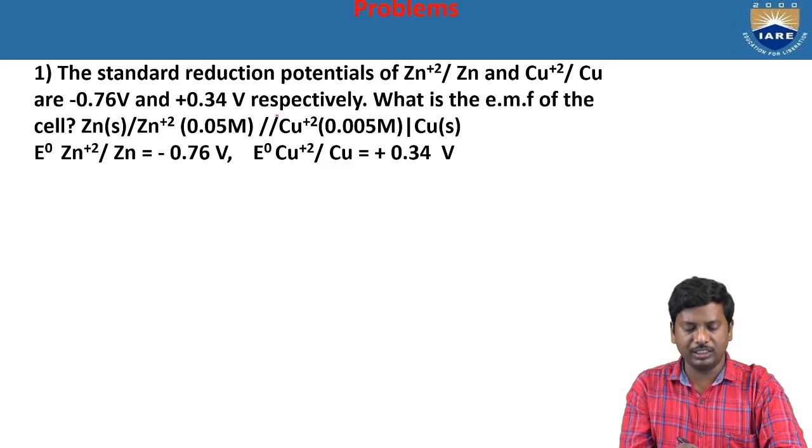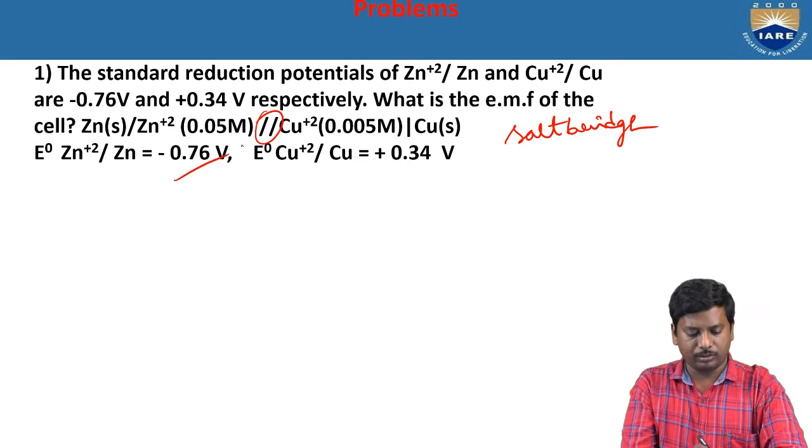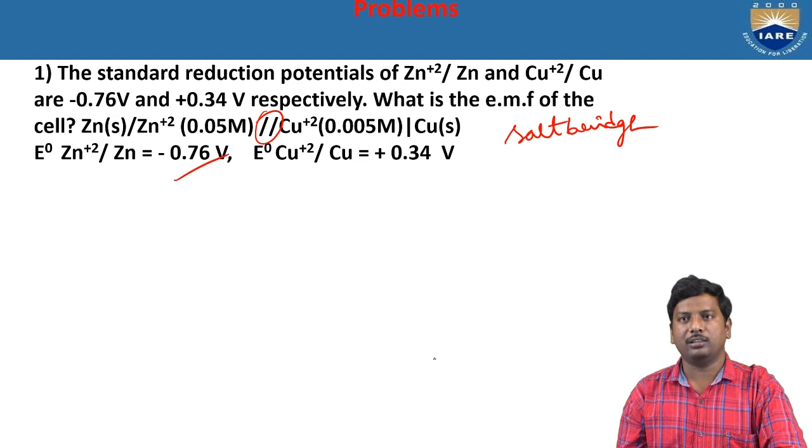Then Cu2+ at 0.005 molar and copper solid. The potential for the zinc cell is minus 0.76 volts, and the standard electrode potential for the copper cell is plus 0.34 volts.